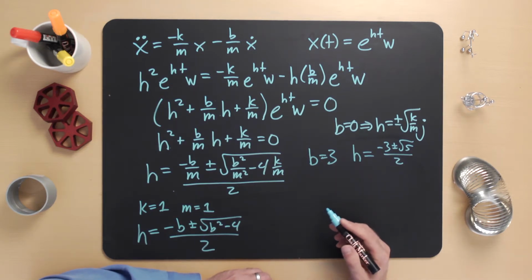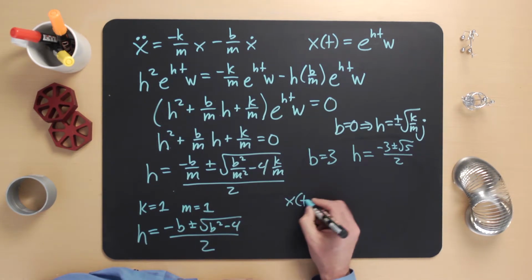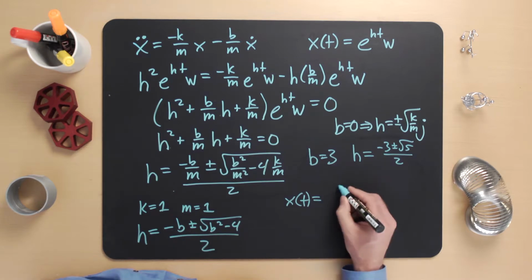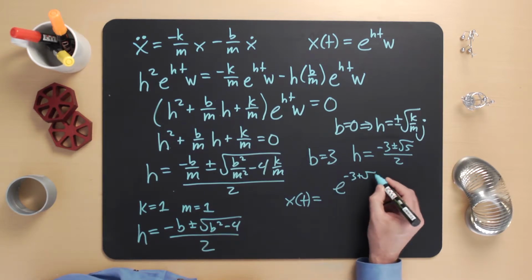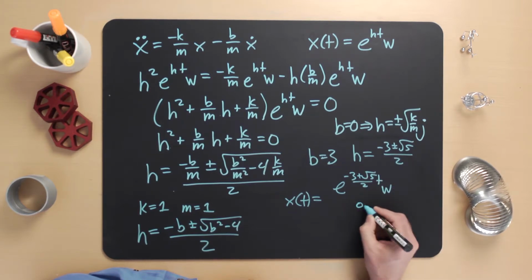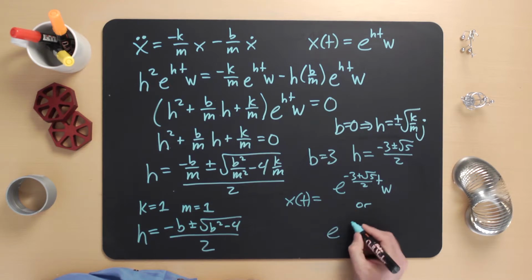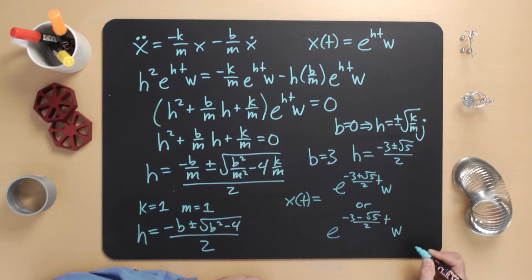This will give me an exponential solution of the form x of t is equal to e to the minus 3 plus square root of 5 over 2 t all times w, or e to the minus 3 minus the square root of 5 over 2 times t, all times w.